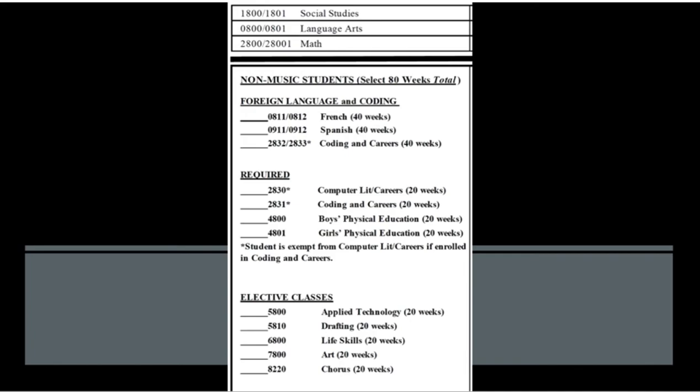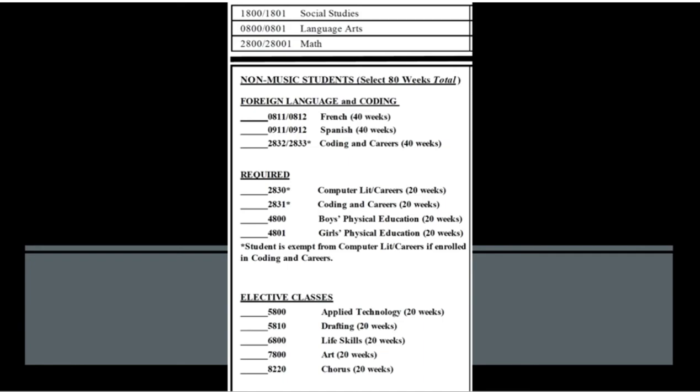Okay, listen closely for the following options. You're going to choose one of these options. You could take foreign language, then you would need to choose one of the half-year career classes, and you would get one other elective. And that other elective can be phys ed, if you would like.